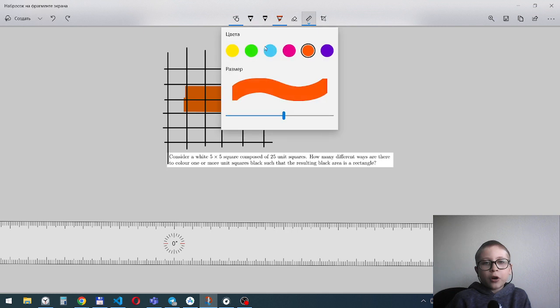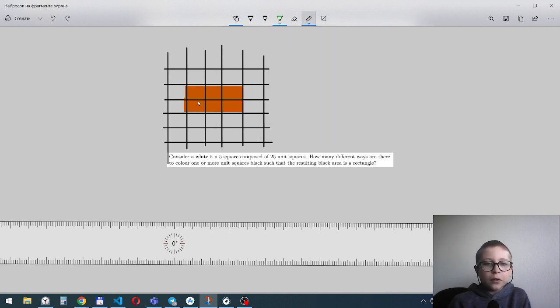There are multiple approaches. For example, take the leftmost and topmost square in the rectangle, and the downmost and the rightmost.